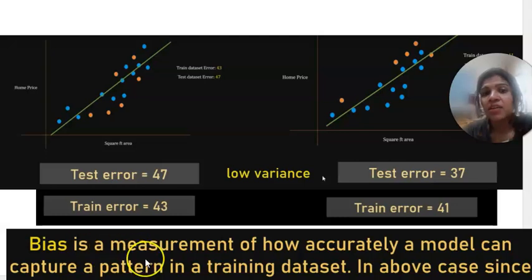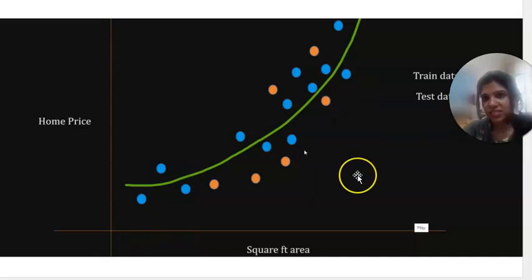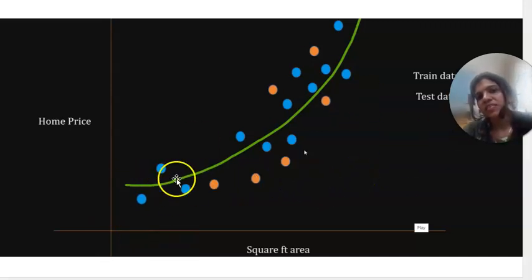So bias is a measurement of how accurately our model can capture a pattern. For a data set, there will be some features. According to those features, the model will capture the pattern of the data set, how it moves. That fails here. Now, if we take this case, what happens? This exponential line shows a very good generalizability of the model.